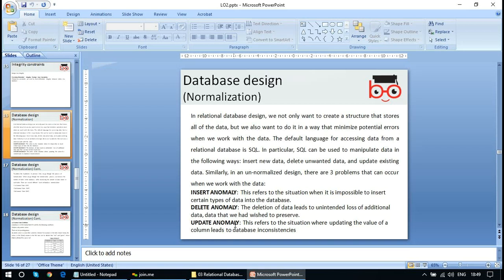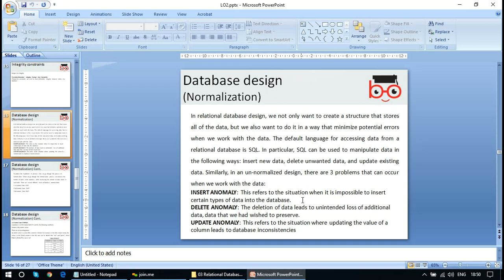What is this? The insert anomaly refers to the situation when it is impossible to insert certain types of data into the database. Like, you created a table, and a column only allows you to insert, let's say, one field, and you have come up with three fields.